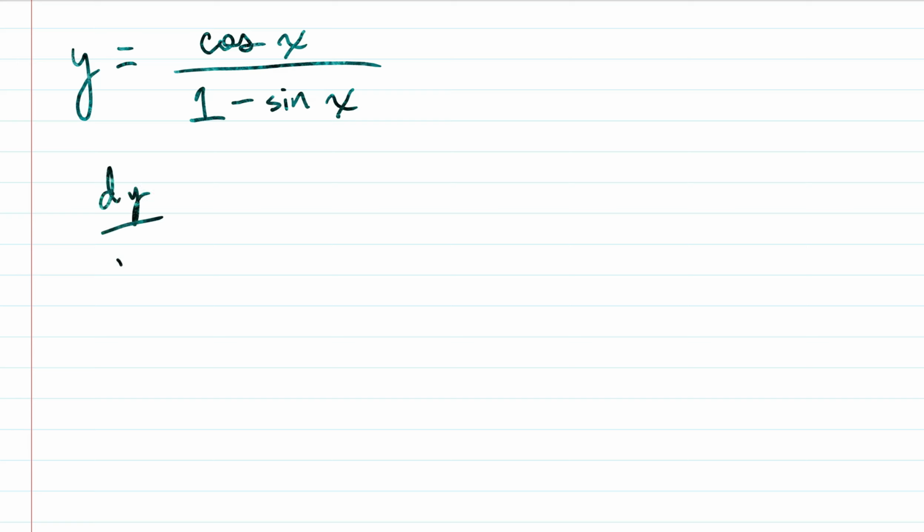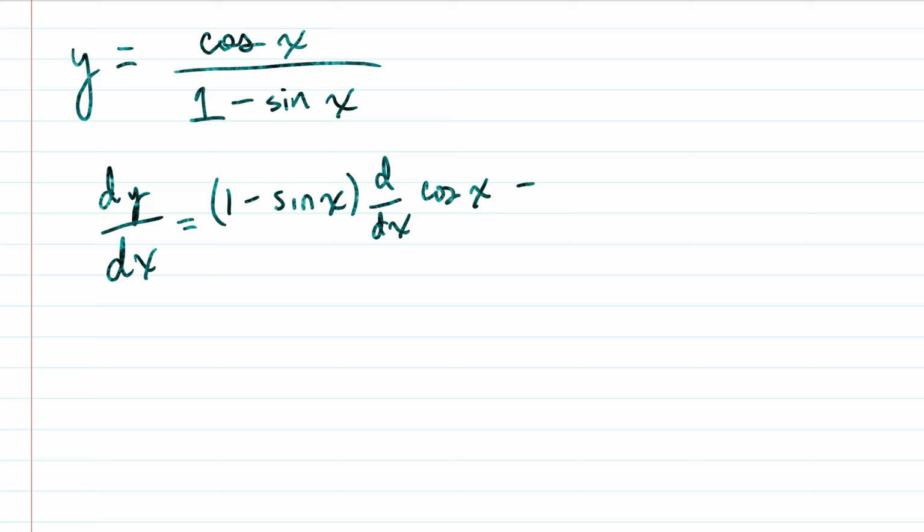So the quotient rule says to find the derivative, we're going to take the lower function, 1 minus sine x, that entire lower function, times the derivative of the upper function, the derivative of cosine x.